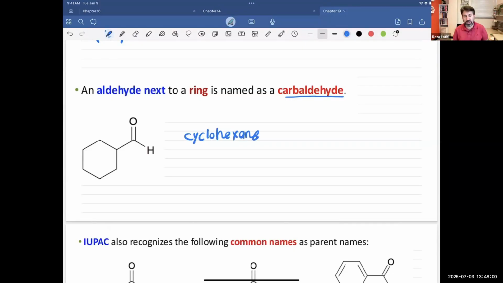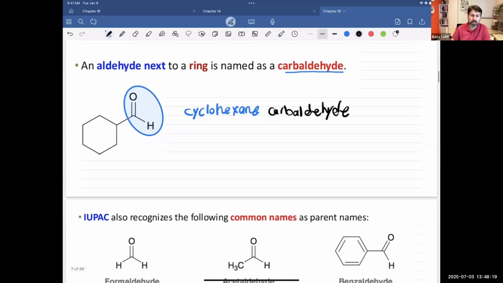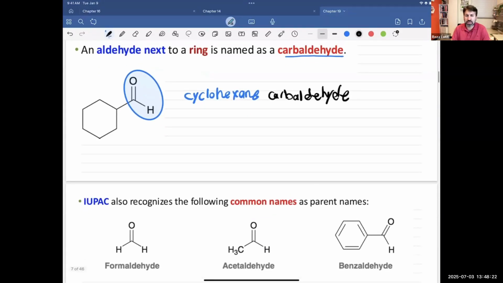Now I do have a functional group attached to it, and it is an aldehyde. So it will be cyclohexanecarbaldehyde, and that's going to be the correct name for it. Later you will see that whenever I name a compound like this, I can come up with different names instead of one. We can write it 2 or 3 different ways.